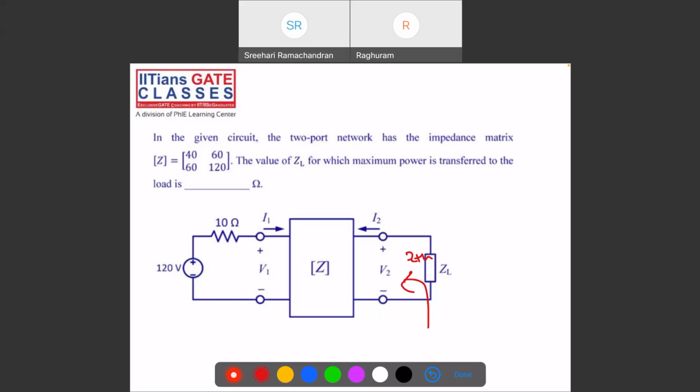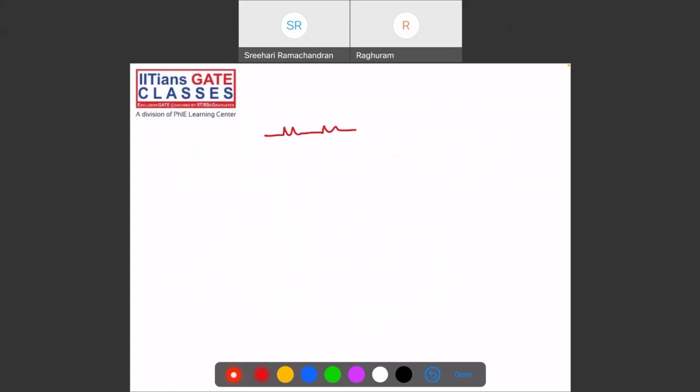You have that, but there is a resistance here. The best way to do such kind of problems is, see, this is a Z network, right? You have Z parameters for this. Can you write the T equivalent of this network? Write down the T equivalent of the network, and you have a 10 ohms again.